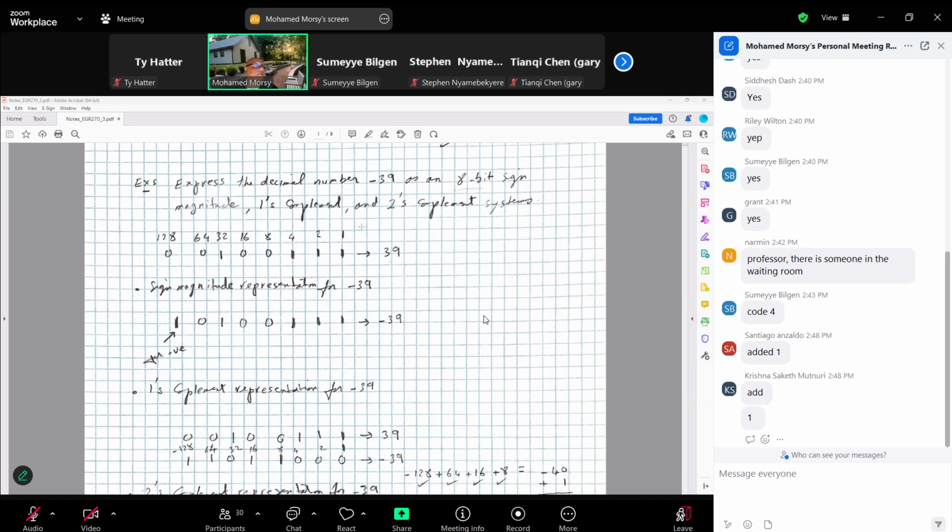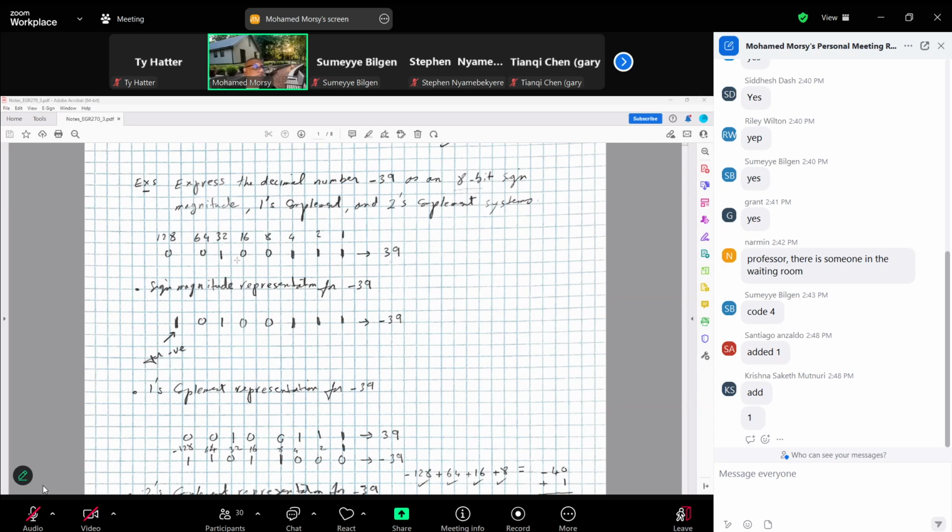So we start first with positive 39. And we use 8 bits. If you put the weights here, we spoke about this at the beginning, how we convert from binary to decimal and from decimal to binary. So 1, 2, 4, 8, 16, double the numbers, 32, 64, 128. These correspond to 8 bits.